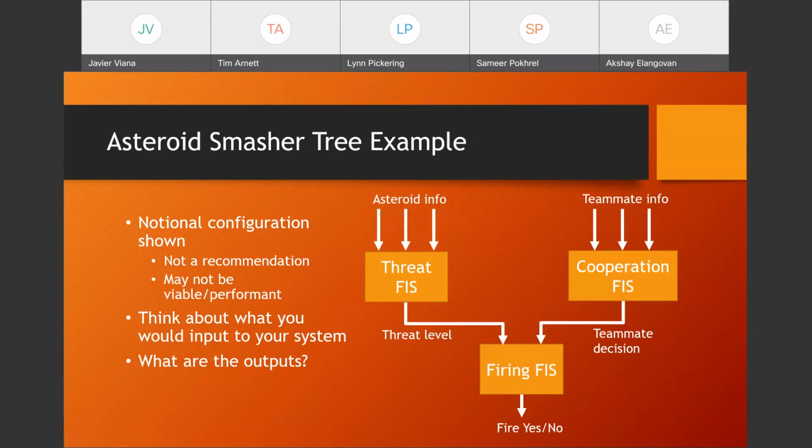So let's say that you want to get a firing decision, and in this case, let's just say it's a yes/no firing decision, or it's thresholded. And what you could do is you could take in some asteroid info, whatever that is.